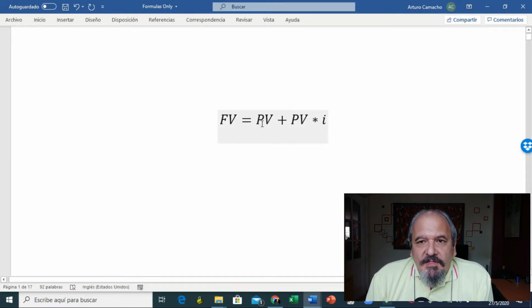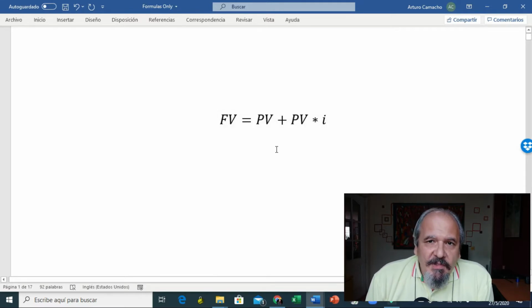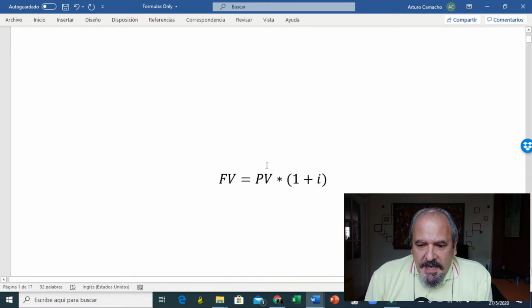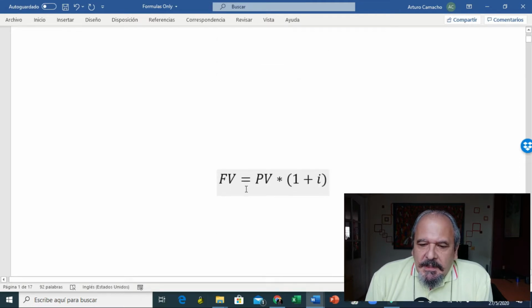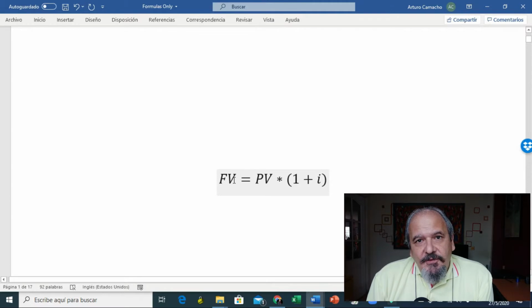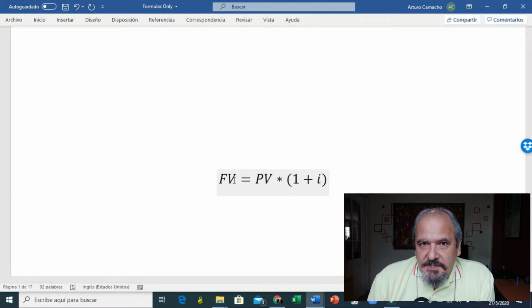And then the $1,000 we began with adds to that $50, and we get the future value of $1,050. And that can be reduced into this, taking the common factor, the present value or the principal, and we get this formula for the future value after 1 year of interest.